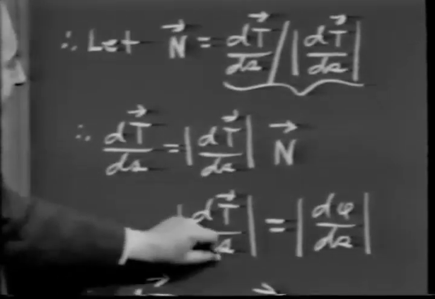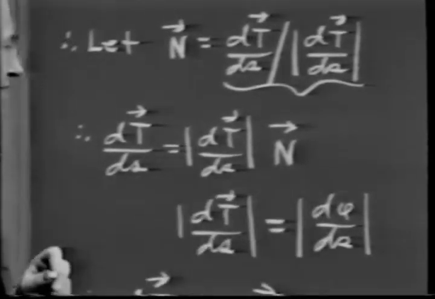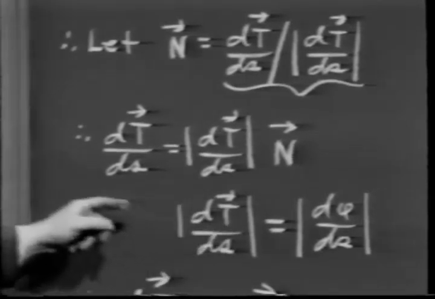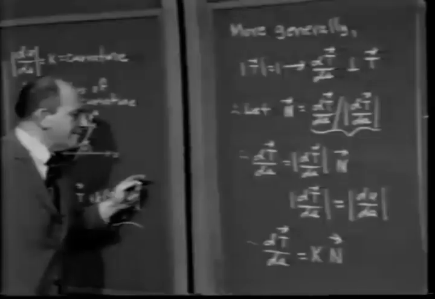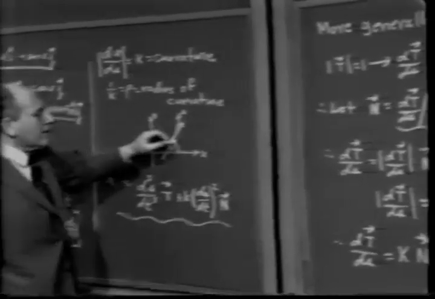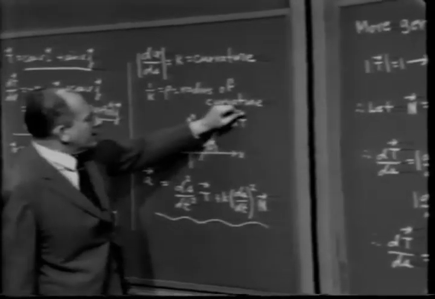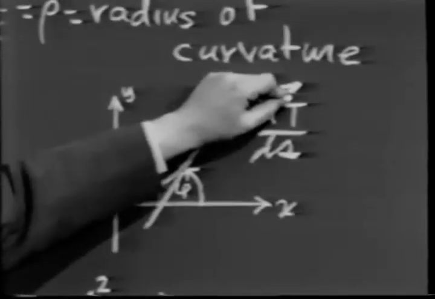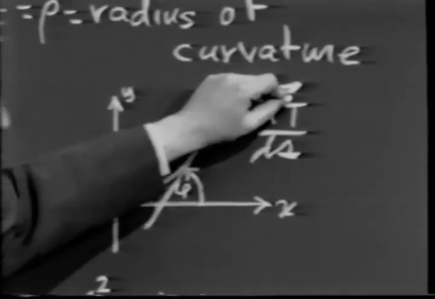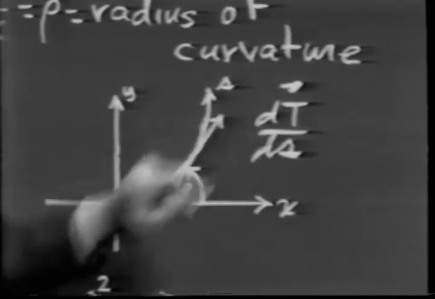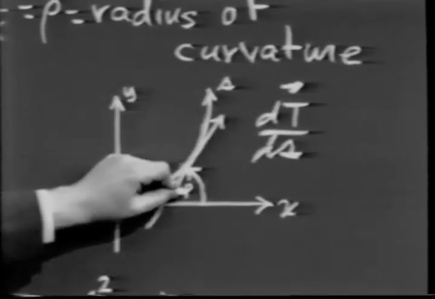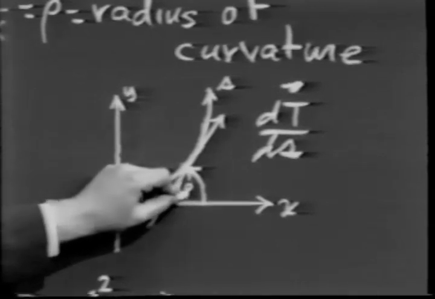I now claim that the magnitude of dT/ds is just dphi/ds. Now, why is that? I guess I should have planned this better, but let me come back to the previous board over here. Notice that since T is a constant vector, how does it change? It can't change in magnitude because it has constant magnitude. Therefore, its only change must be due to direction alone. But the direction of T is measured by phi.